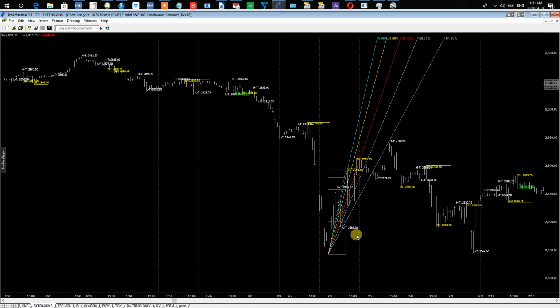Rising market, higher lows: pick the low and a higher low. If you want the highs, you pick the low and the high. That's really the approach that we take.